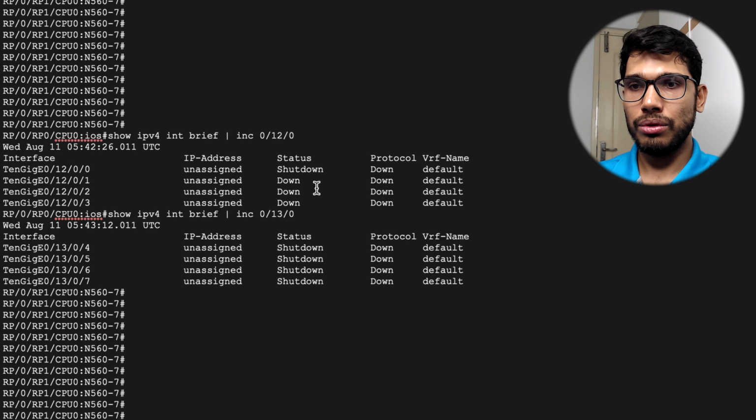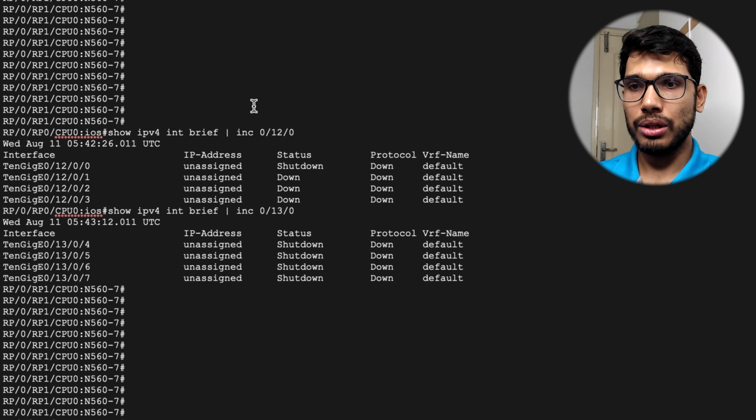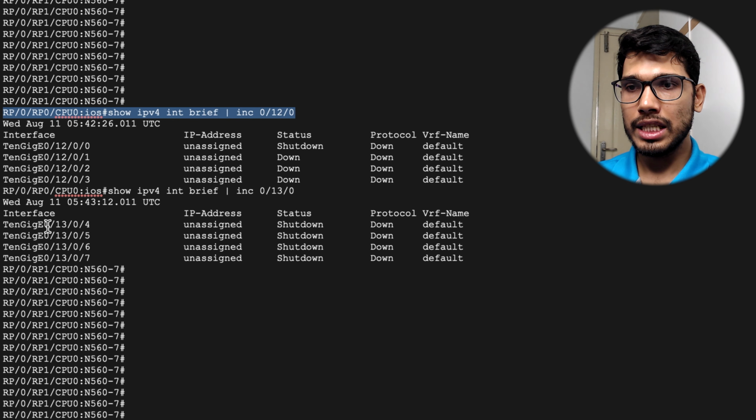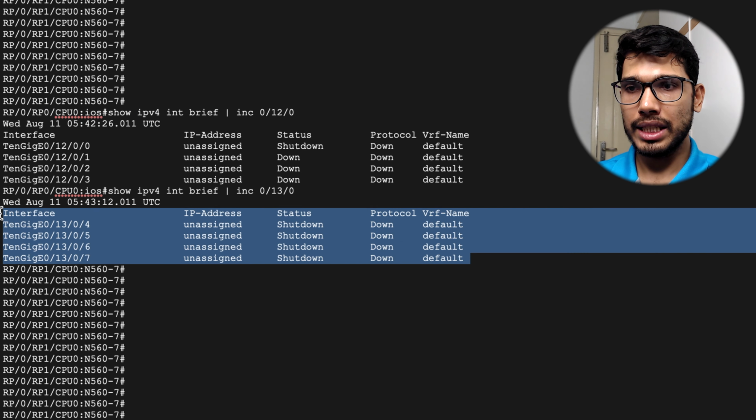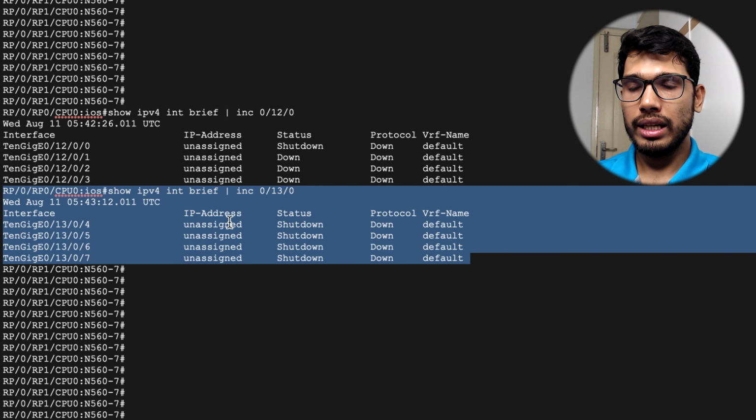Now with 7.4.1, if I see the ports that are coming in slot number 12, I can see port number 0 to 3 are there. There are no ports 4 to 7 because the upper half for IMA8Z is disabled. Now for slot 13, I can see port number 4 to port number 7 are available, as I can see here, and the lower half is disabled because this is IMA8Z-L.